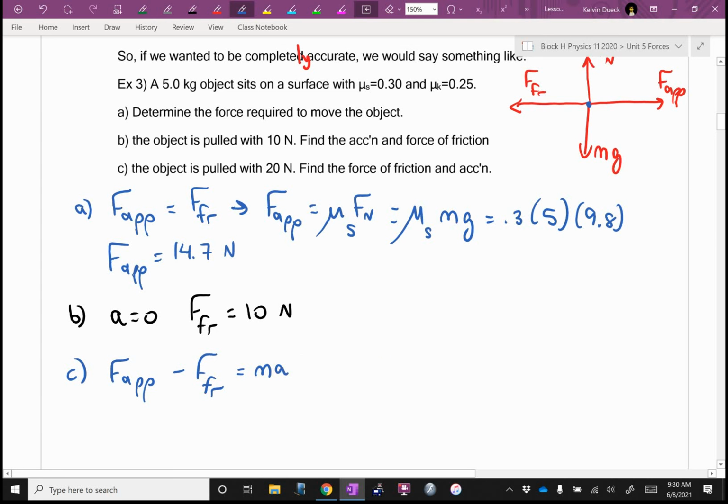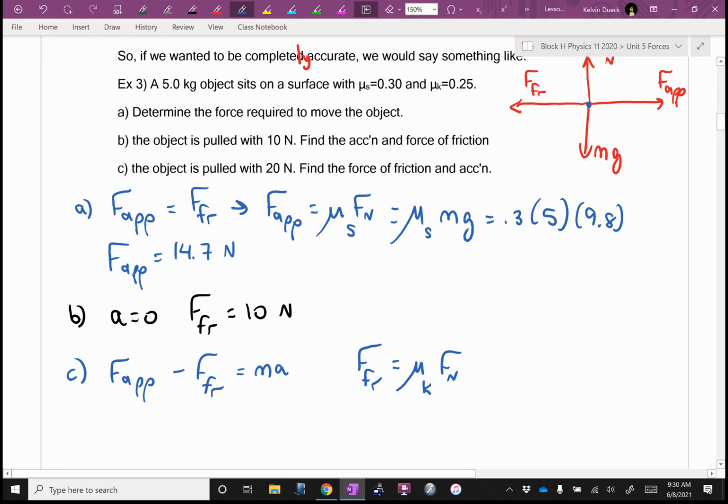Isn't the force of friction 14.7? No. Are we moving? Yes. Are we accelerating? Yes, because we definitely have an unbalanced force. So I'll calculate friction now by using kinetic friction times the normal force.